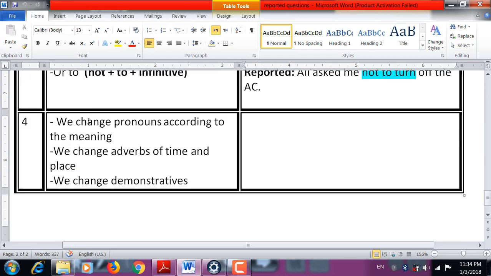The fourth step, we change pronouns according to the meaning. We change the subject pronouns, the object pronouns, the possessive pronouns, and so on.